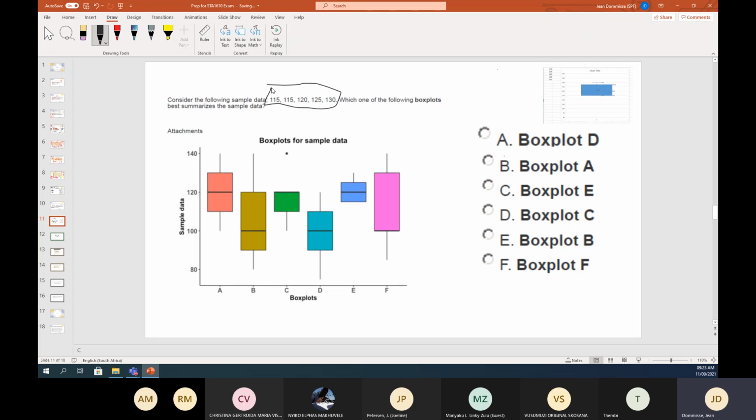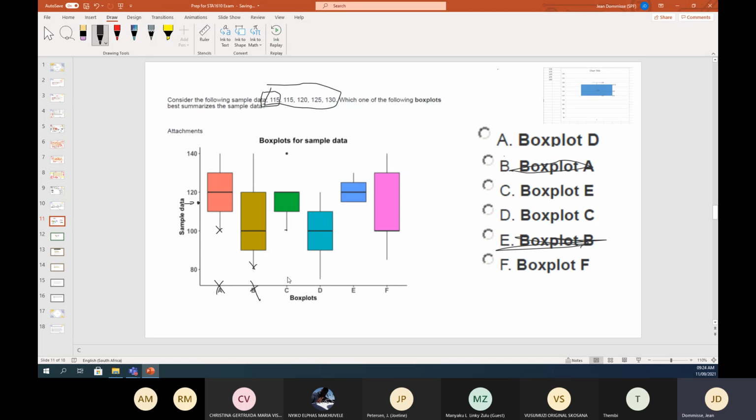We know that the smallest value is 115. So let's look at where the smallest value is. 120, 100. Your smallest value is probably sitting there. If that is the smallest value, 100 can't be my smallest value, so box plot A can't be. 80 smallest value, no, it must be 115, so box plot B can't be.